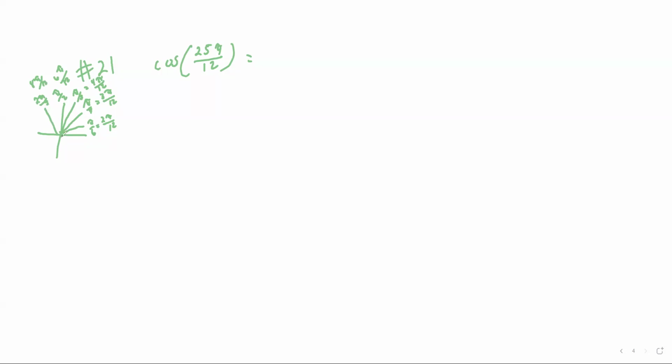8 and 6, that's 14. Let's keep going. So this right here would then be 3 pi fourths, which would be the same thing as 9 pi 12ths. That'd be 18. That's not going to do me anything. This right here would be 11 pi 6, which will give me 22 pi 12ths.